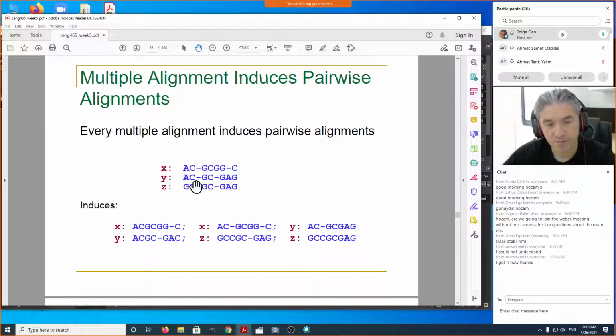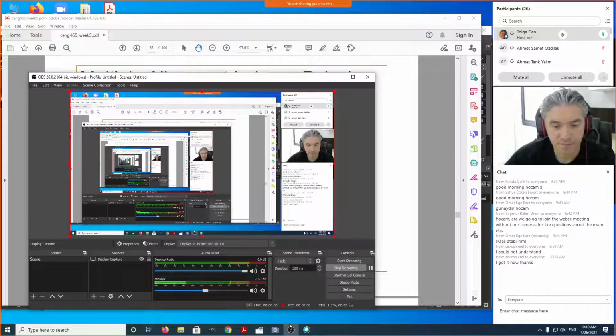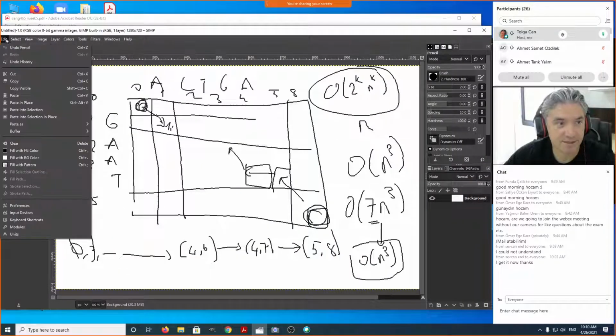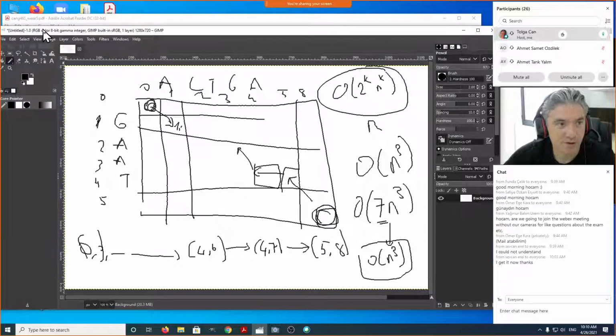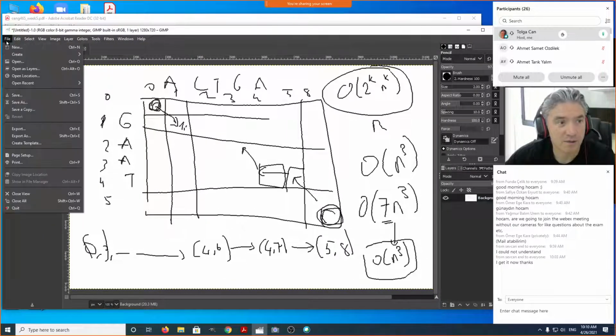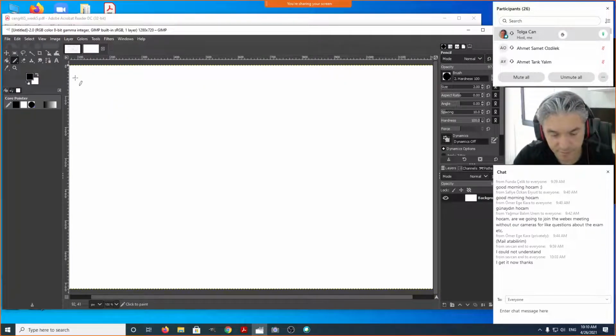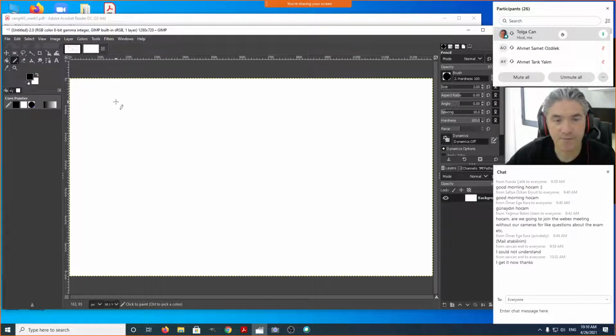All right, so it's going to start. The idea of all these progressive alignments that we're going to see is the same. The idea is this: try to build your alignment starting from pairwise alignments.